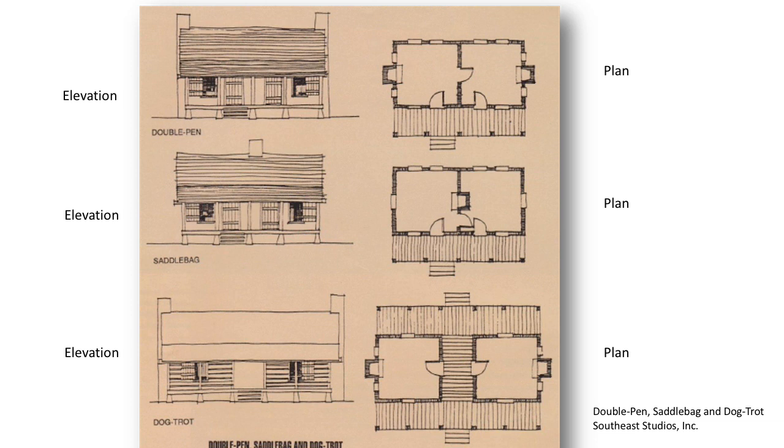And in the bottom plan, this sort of modification of the saddlebag, or what's known as the dog trot, allowed wind and air to pass through this middle section, which would provide natural and engineered air conditioning of a sorts to the people inside. So many homes derive their own architectural plans from the saddlebag. As you start to think more carefully about it, you'll see it in more places than you imagined.